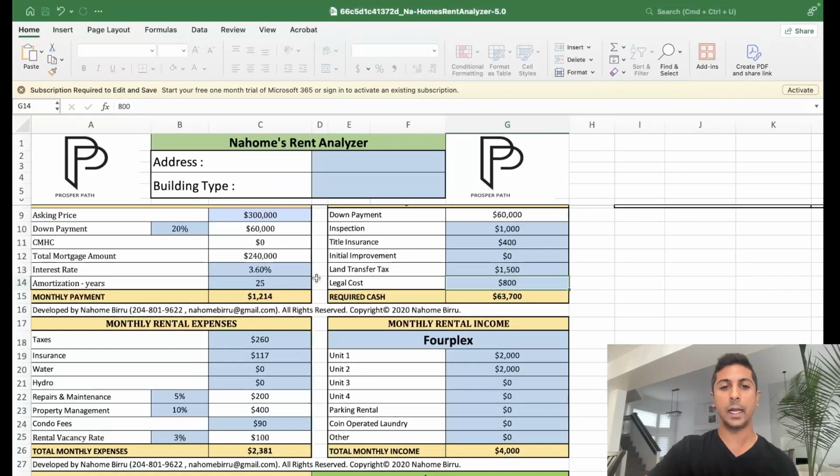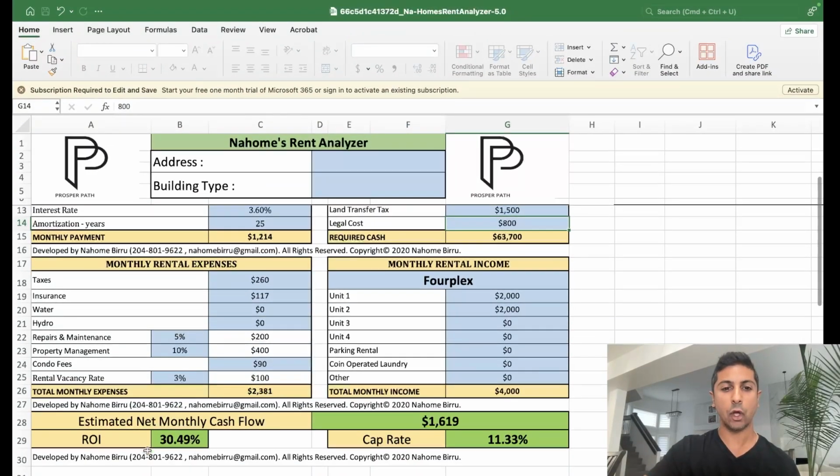In my formula right here, it's auto-populated. This sheet does it for me. I'm breaking it down for you guys so you understand the metrics around it and how to figure that out. Now, when it comes to real estate, everybody has different figures. When I'm analyzing a property using this Excel sheet, I want to see at least 10, 12, 13% annually on a rental property.